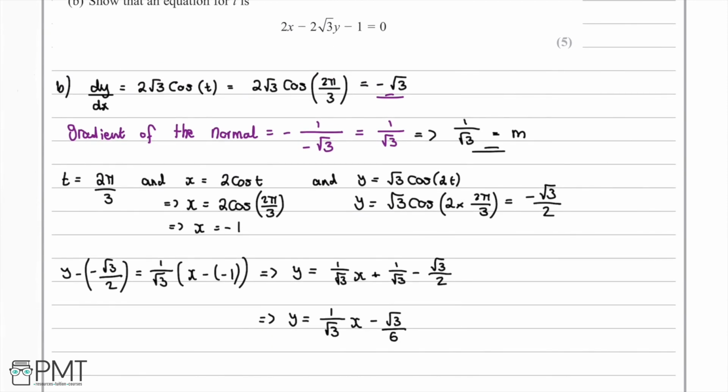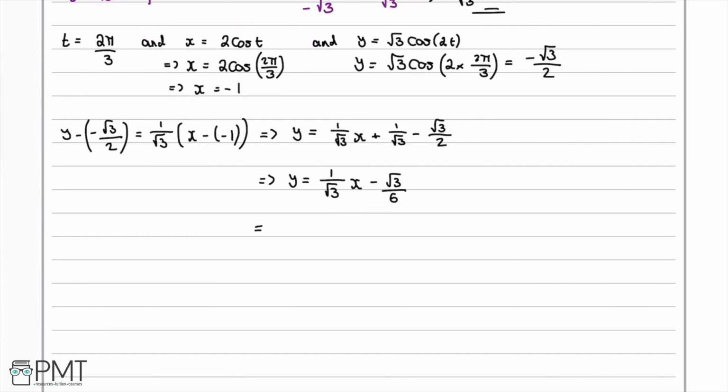So we were aiming for 2x, negative 2 root 3 in front of the y, and then negative 1 as a constant. So we need to think, what can we do to get this into this form? So we need to first get rid of all the denominators here and see what this will do for us.